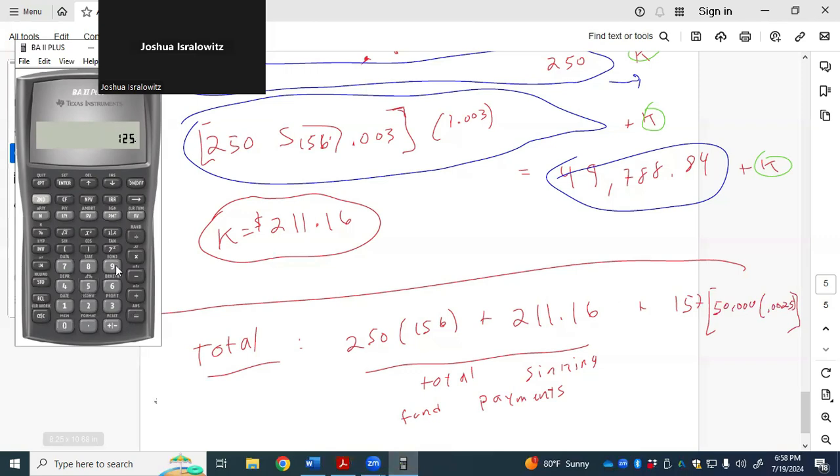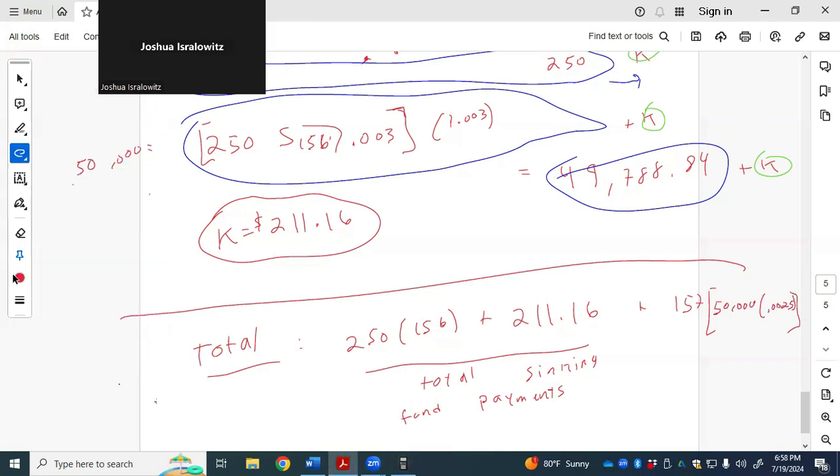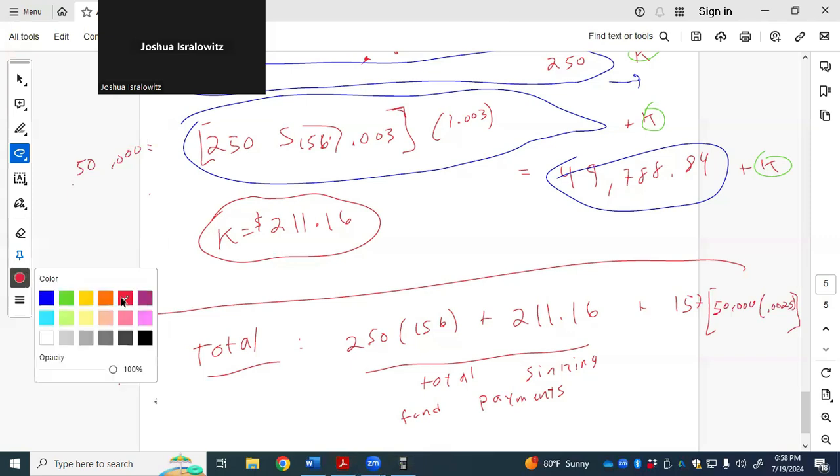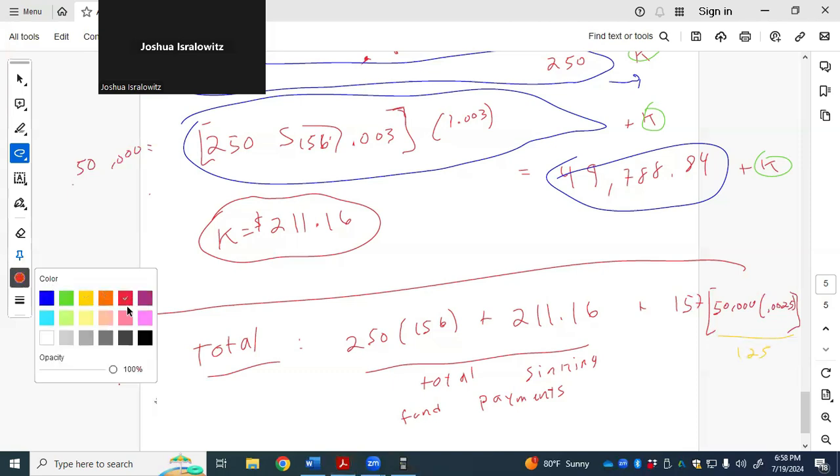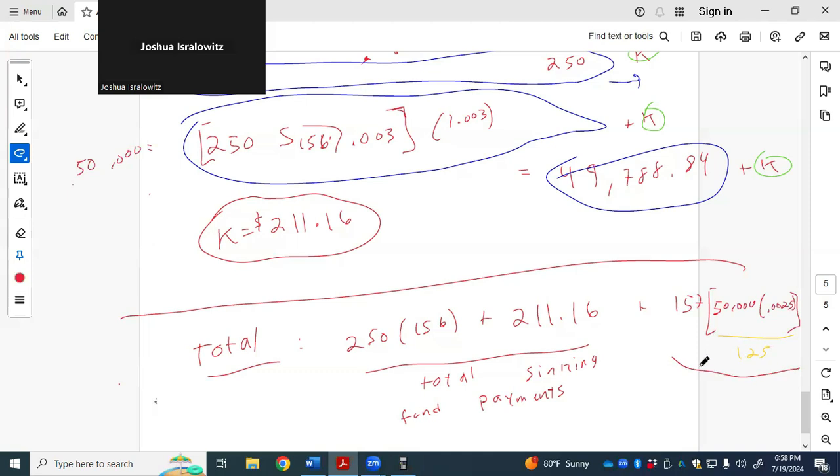Each one is 125. So we have 157 payments of 125. So this is my total interest payments.